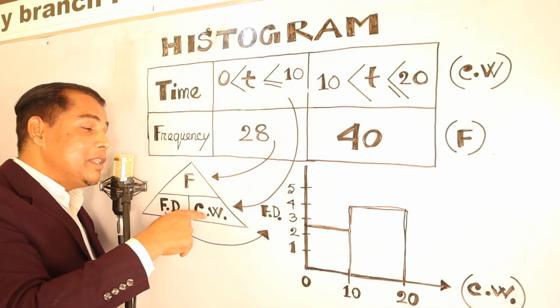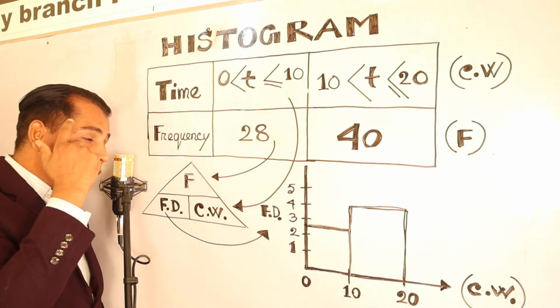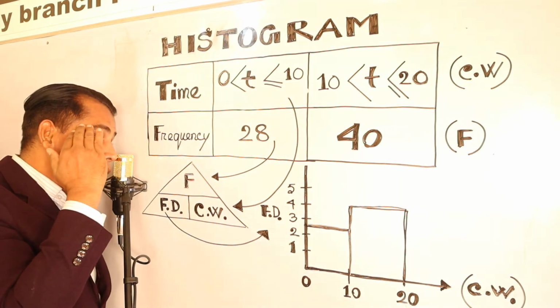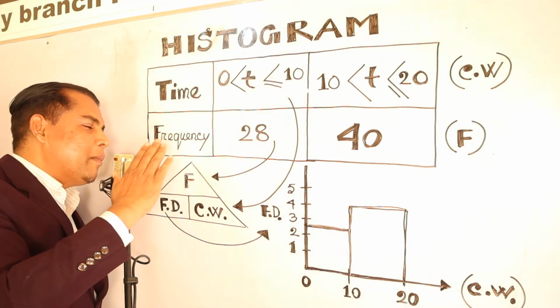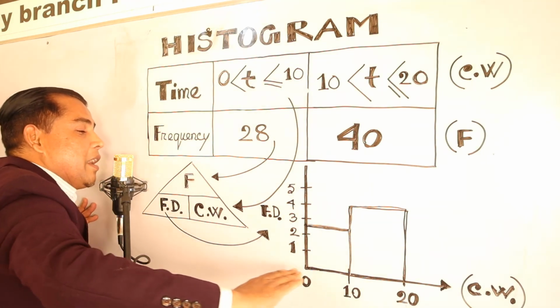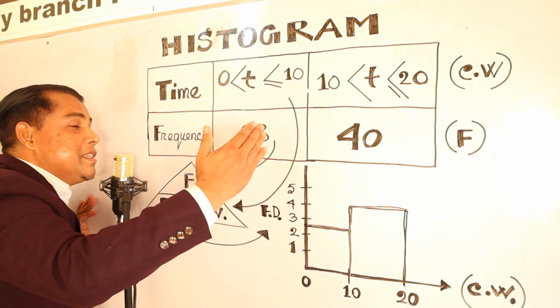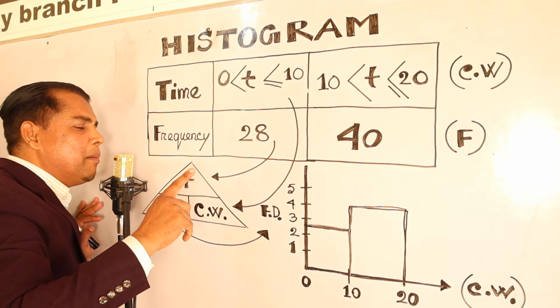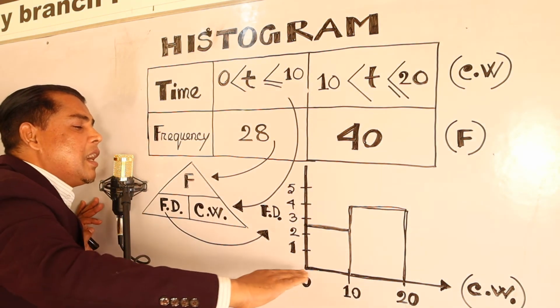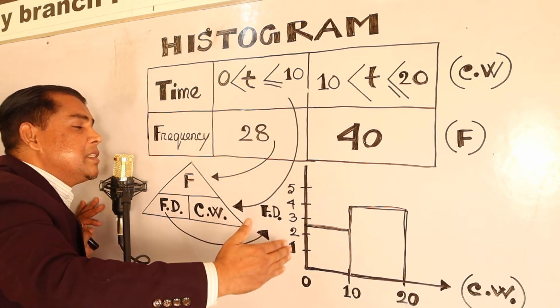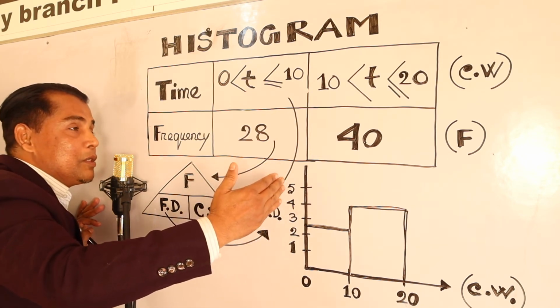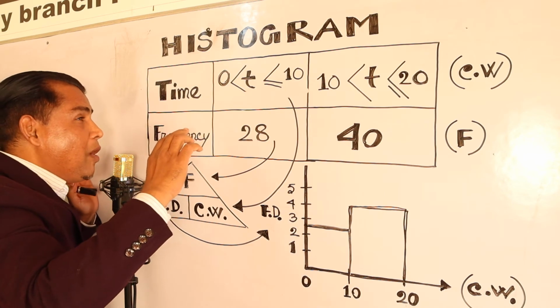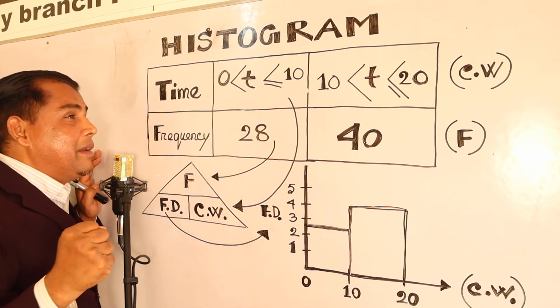If the class width is given, you need to memorize. You need to capture in your brain that in a histogram the class width is always the downside and the frequency density is the vertical side. Please try to memorize. In a histogram always the class width is downside and frequency density is the upside. So reaching an exam hall, you always try to understand.